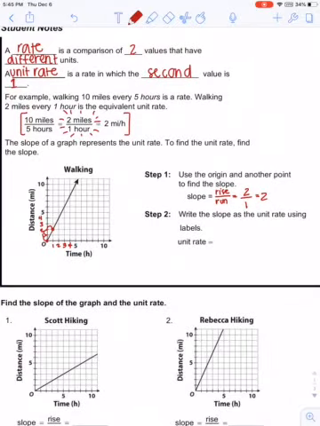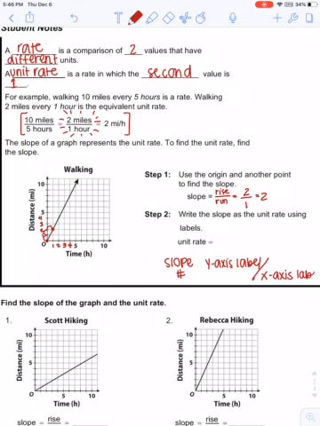Then the second step is to write the slope as the unit rate using labels. So what this is going to look like in general, not for this example, is the slope number followed by the labels like this. You're going to write the y-axis label slash x-axis label.